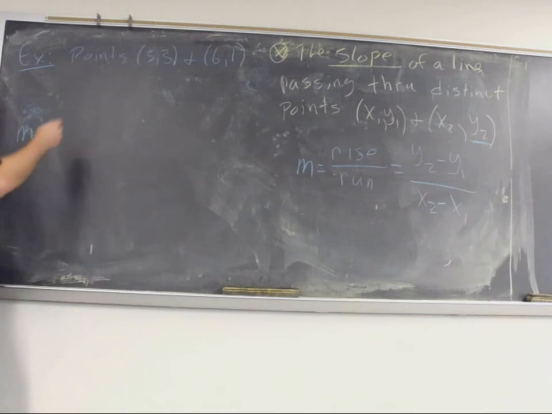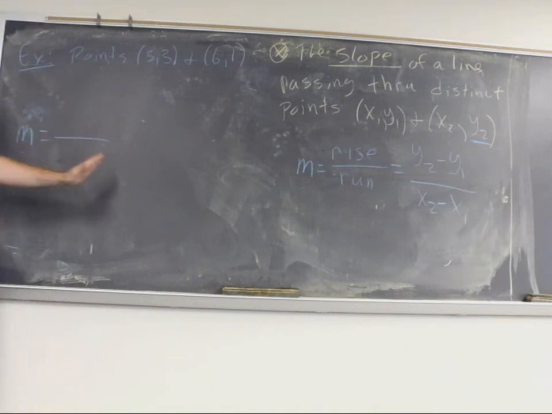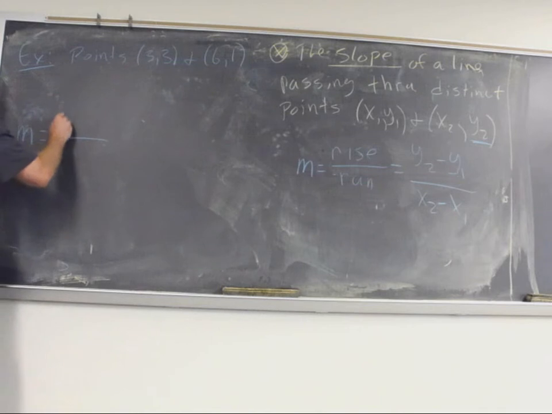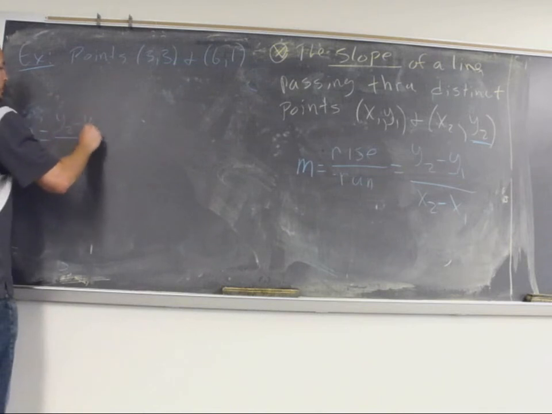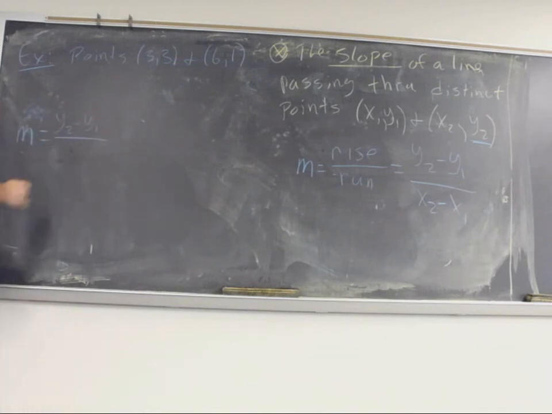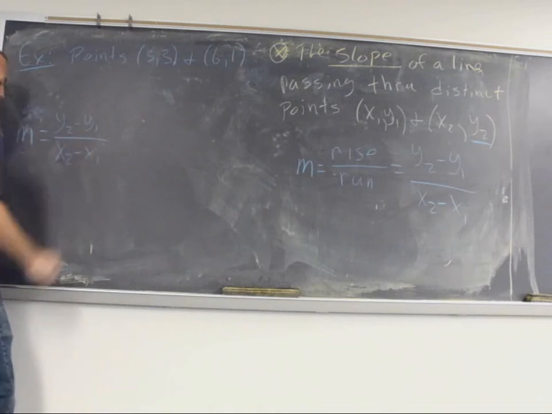So, until you get the hang of it, keep that nearby, but try to talk through it. Remember, the top is the rise, so that's the y's, and the bottom is the run, that's the x's. So it's y2 minus y1, divided by the change in the x values, x2 minus x1.